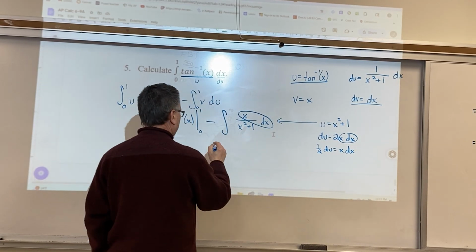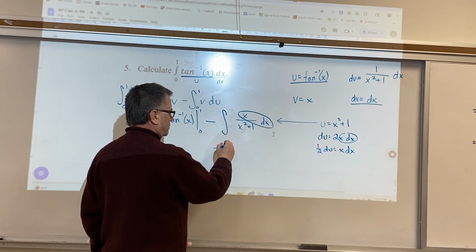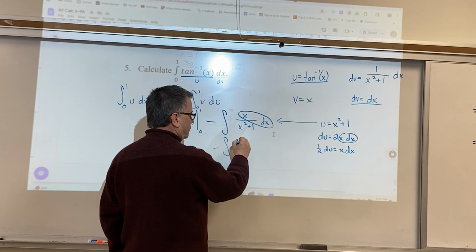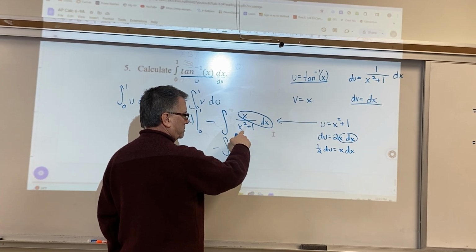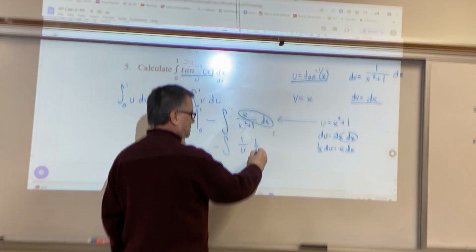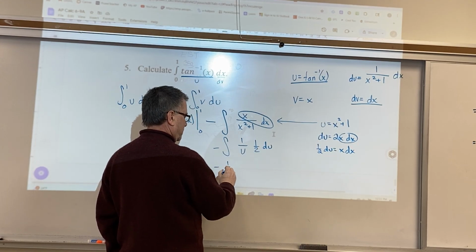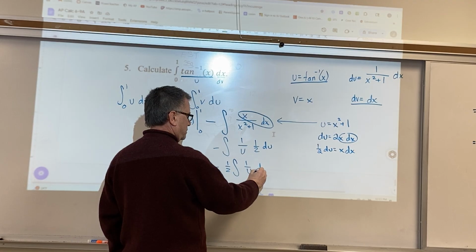That will allow me to rewrite this as the integral of 1 over u. x dx is 1/2 du, so I can pull out the 1/2: 1/2 times the integral of 1 over u du.